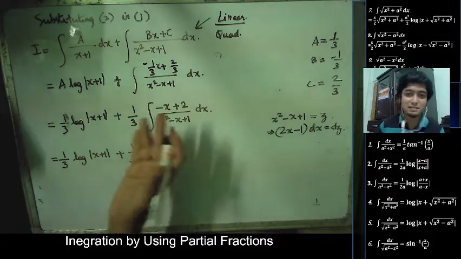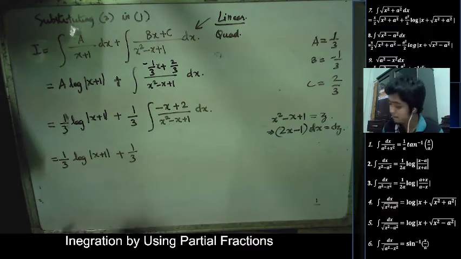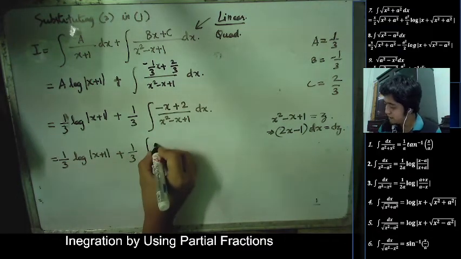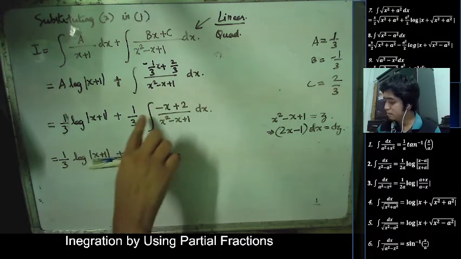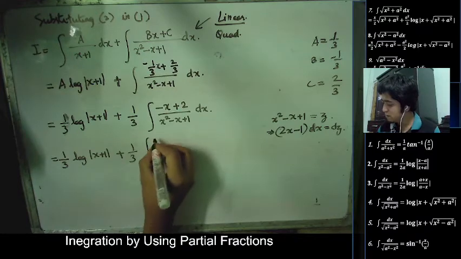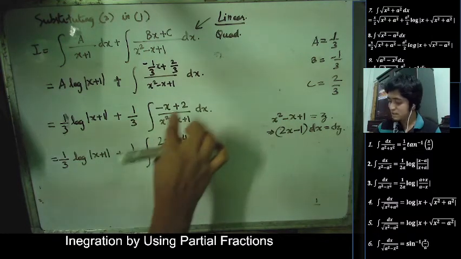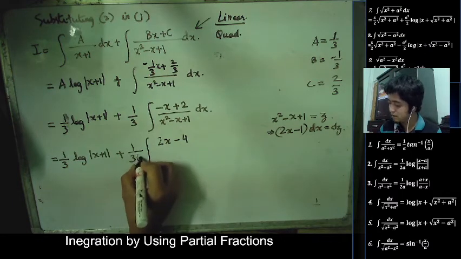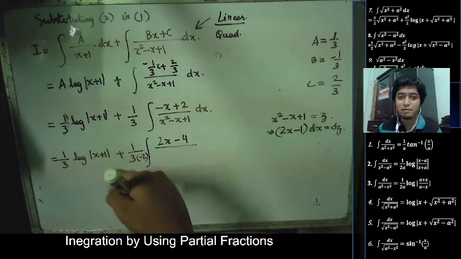Now here comes the tricky part. I will have to get 2x minus 1 in the numerator. So I can multiply the whole thing by minus 2. So you'll be having 2x minus 4. But since I multiply by minus 2, over here also I will divide by minus 2. Multiplying and dividing by minus 2.